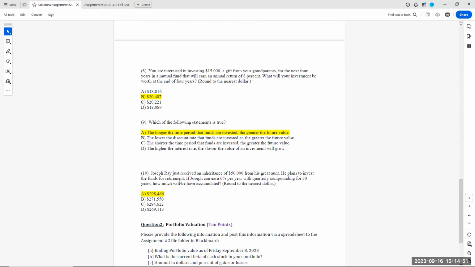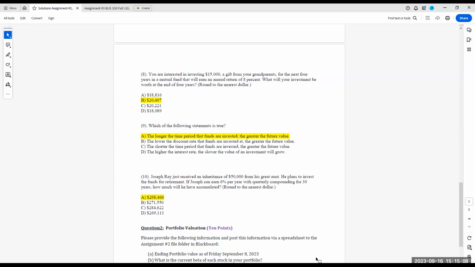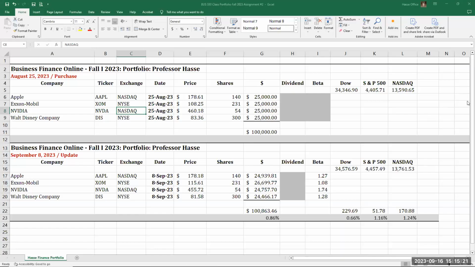Then we get to our portfolio, and some of us are still having a heck of a time trying to figure out what we're doing here, even after multiple samples of the portfolio have been given to you throughout these first few weeks of our course. Here's what I'm looking for, and here's what I would like to see through the second assessment of your portfolio.